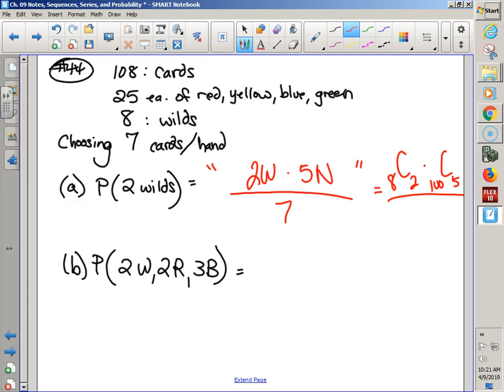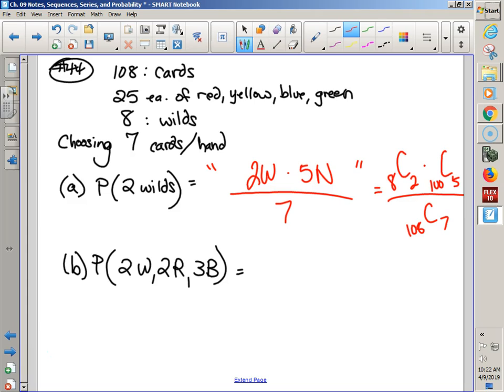But what's my sample space? Just 108 cards getting 7. How many different 7-card hands are possible with 108 if I don't care about the order? The sample space says I don't care. All 108, I'm getting 7. The numerator, though, fundamental counting principle, the and with a multiplication, kind of like section 9.6, multiplying how many ways this can occur, how many ways that can occur.